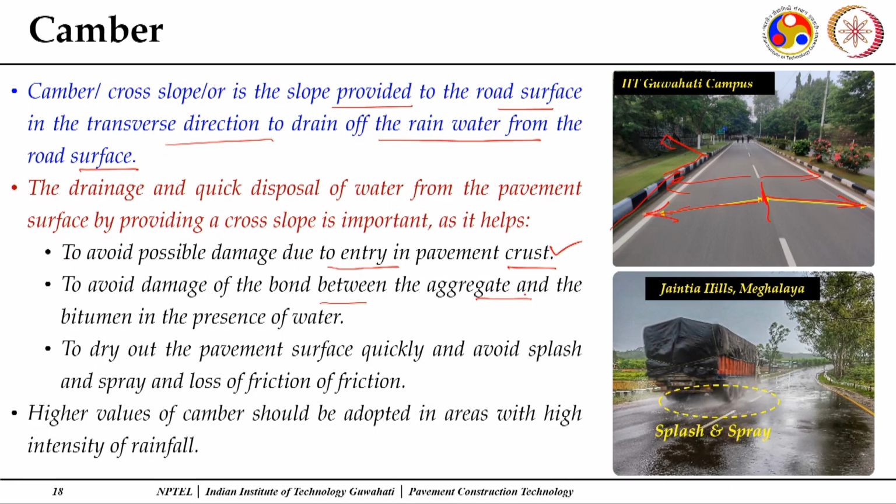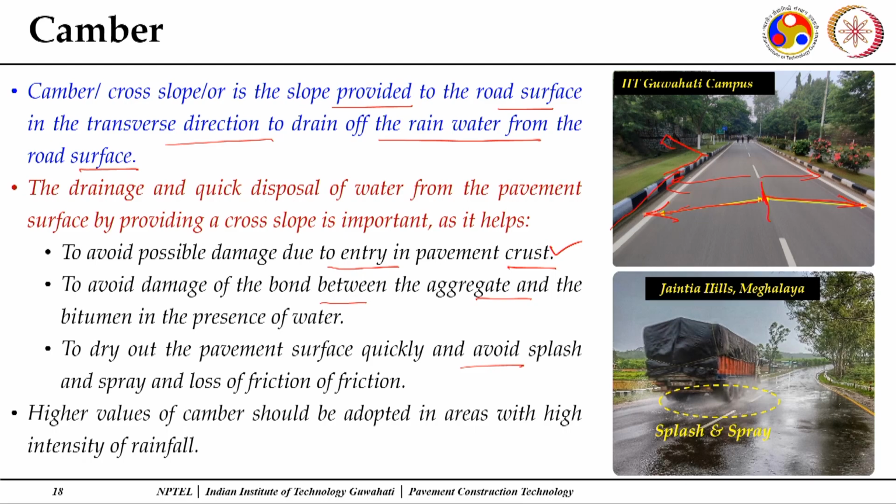We do not want it to lose this. And third is the challenge with respect to the safety aspect. If water is present on the surface and you do not have a good amount of camber, where will water go? It will stand for a good amount of time on the surface itself. The surface will appear flooded.